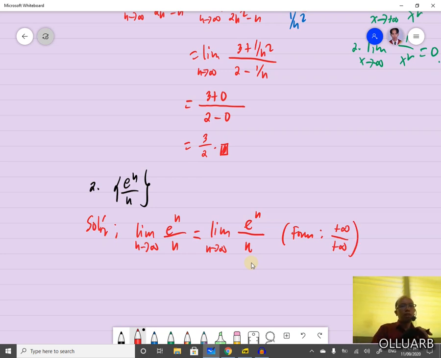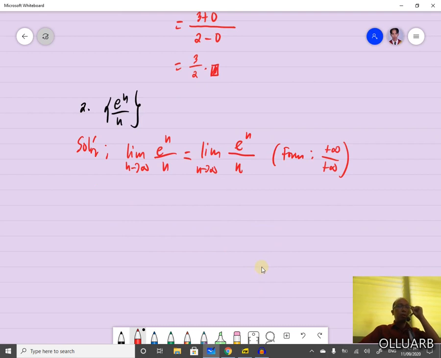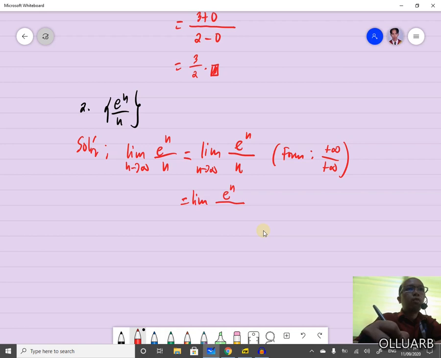So meaning to say, we can apply, you remember your calculus 2, you can apply L'Hopital's rule. Okay, so by LHR, this is the derivative with respect to n, e to the n over 1, as n approaches infinity.